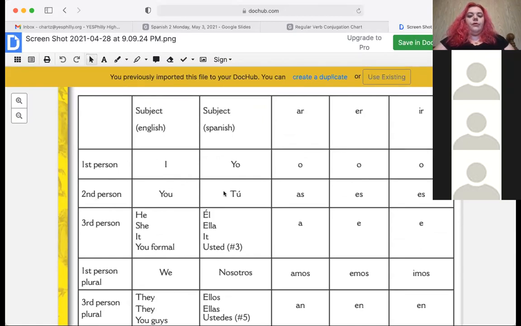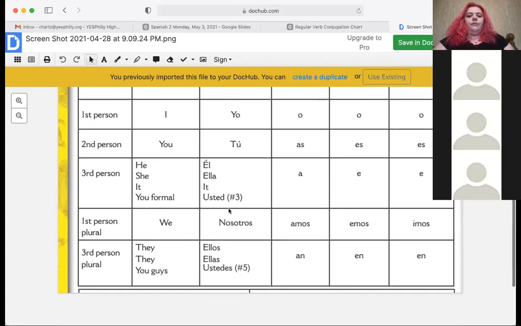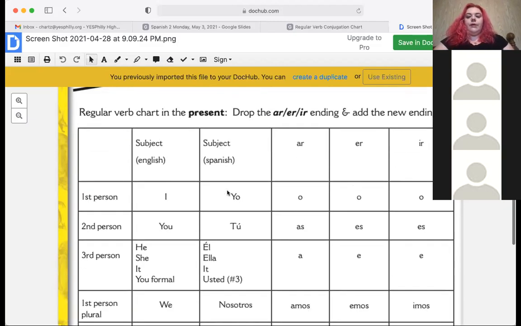I is yo, you is tú, he, she, it is él, ella, you formal is usted, we is nosotros, they is ellos or ellas, depending on boys, girls, and you guys is ustedes, and we went over all that. Now this is in a little bit of a different format than how I usually do it, but it tells you the same thing.